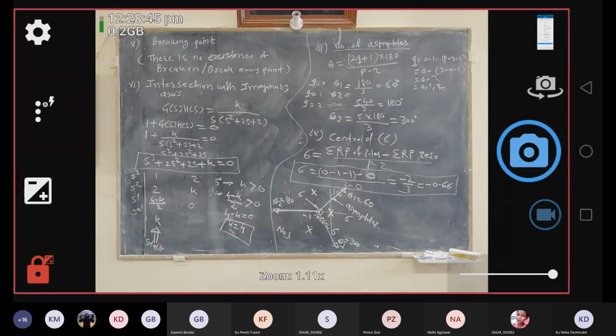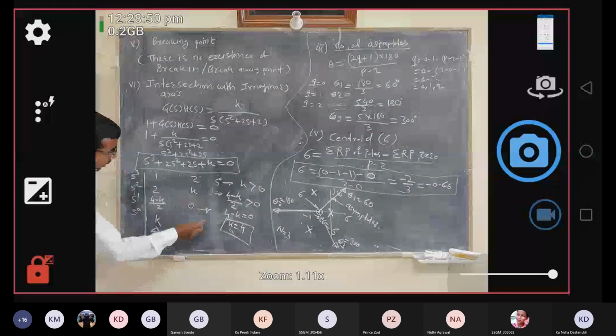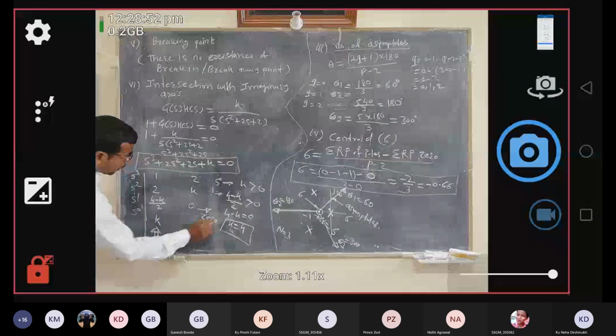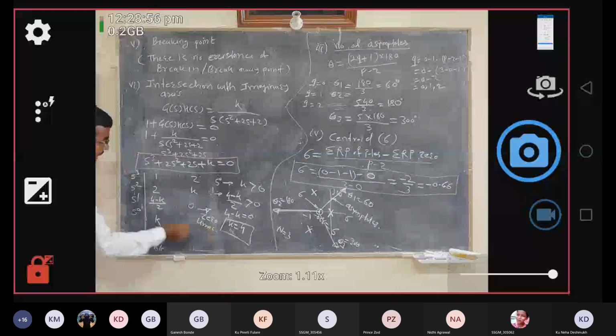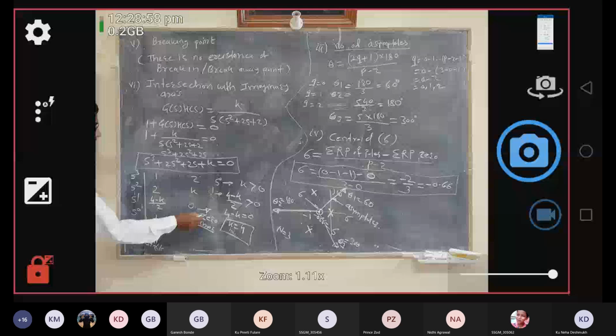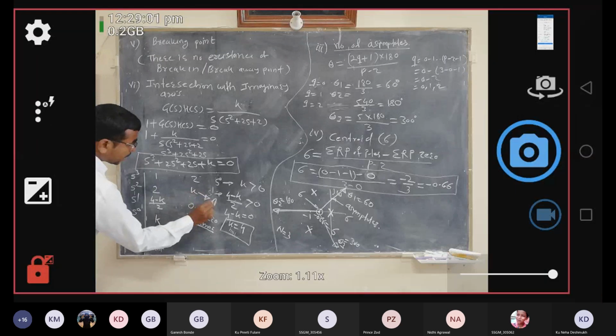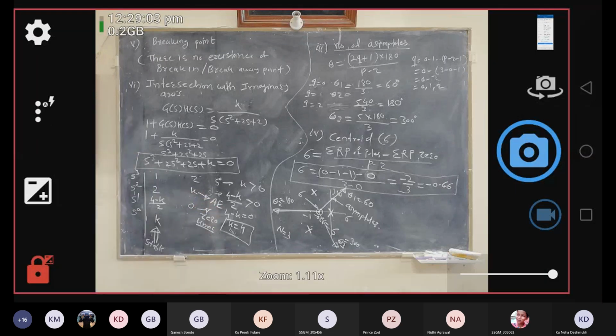Okay, so this is the row corresponding to 0 or K marginal. ये row के corresponding हमें K marginal मिला. So the row above that, you can consider as the auxiliary equation.